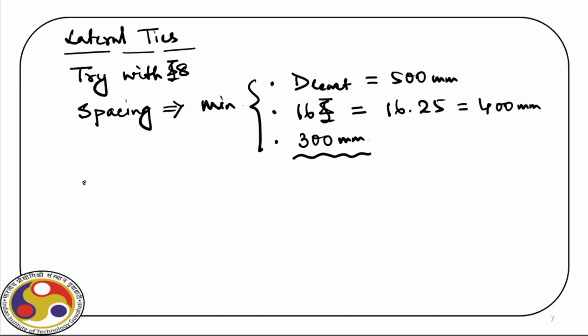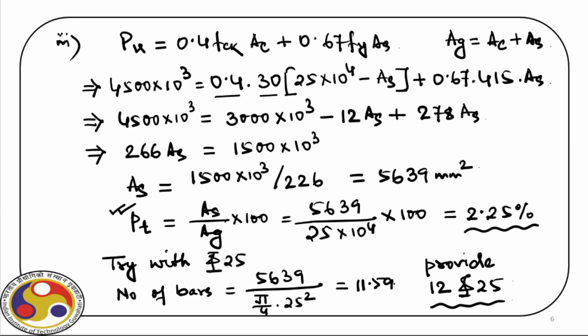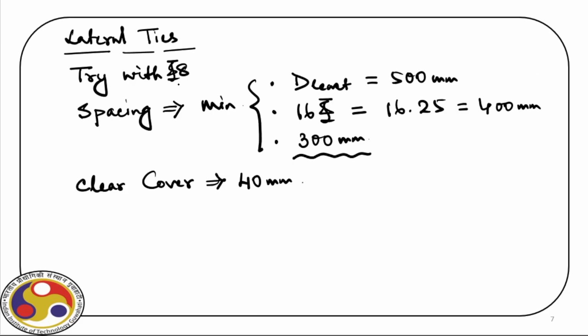Now, we also provide clear cover of say 40 millimeter. So now the design is complete, but again we have to go for detailing. So what we have is 12 number of 25 phi bars, that is the longitudinal bars, and then we have 8 phi at the rate of 300 center to center with a clear cover of 40 millimeter.